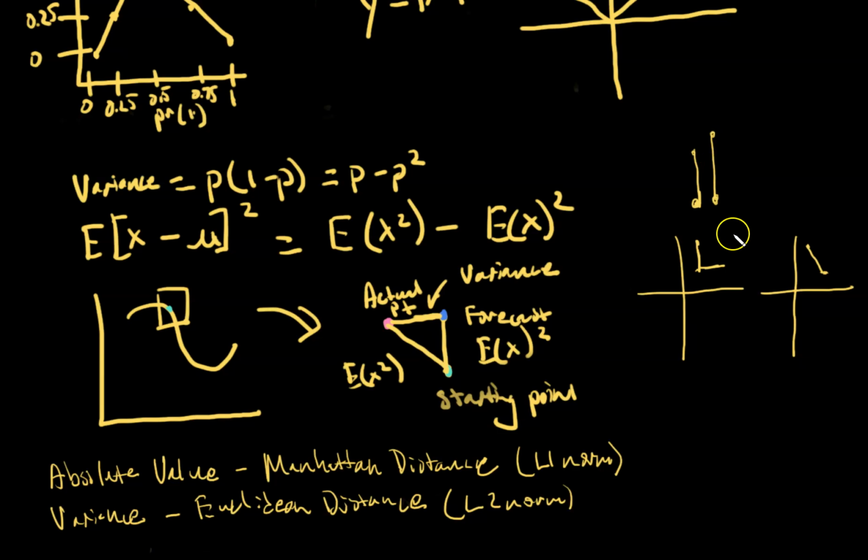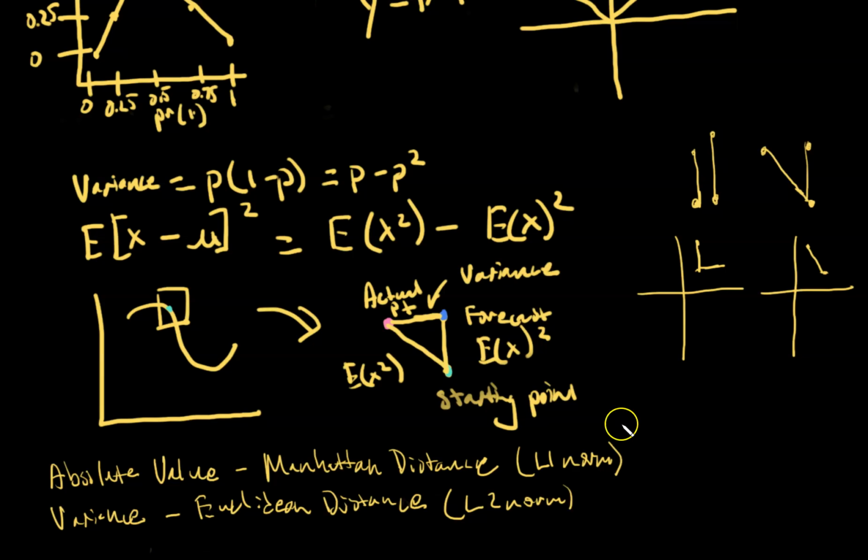Whereas in the Euclidean distance, there's something that you haven't accounted for. You initially have a starting point right here and you forecast that you're going to end up here, but you actually end up over here, let's say. This is a review of what we talked about. Hopefully that gave you some intuition as to the difference between the absolute value function and the variance.